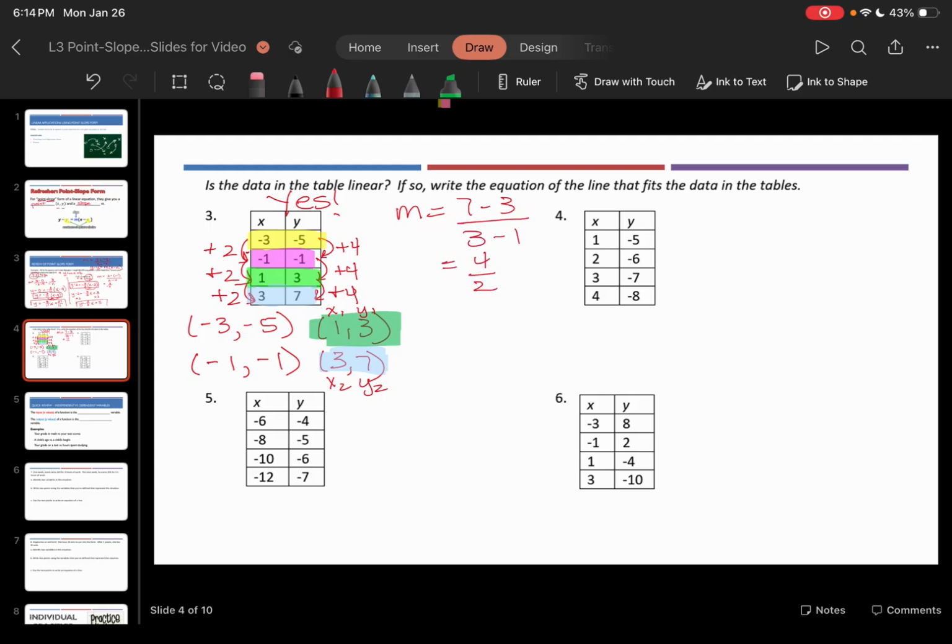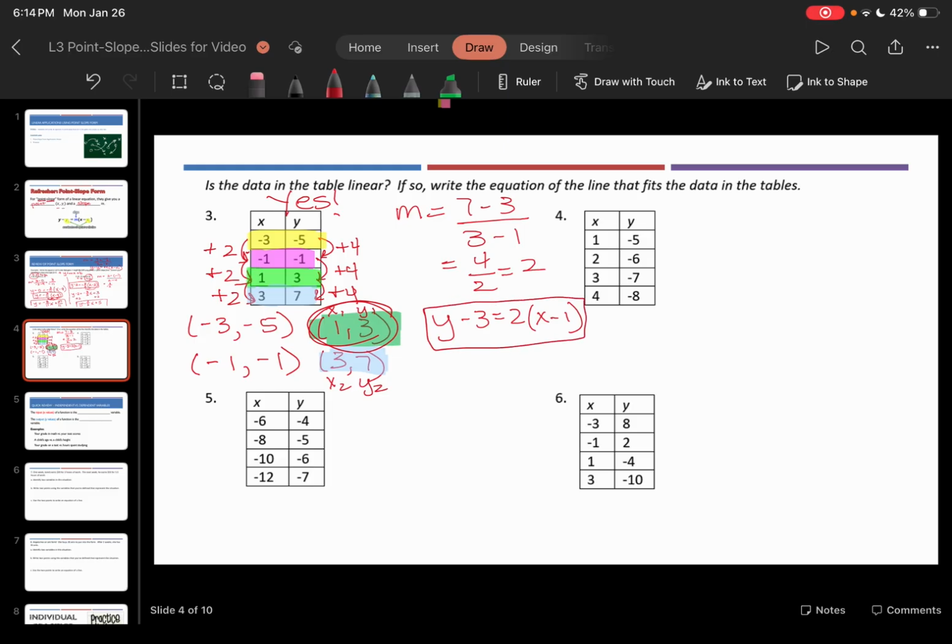So 4 over 2, right? Which is 2. And then, again, pick any of the points. Any of those 4 points, doesn't matter. I'll just pick the one in green. y minus 3 equals 2 times x minus 1. So that's my equation in point slope form.